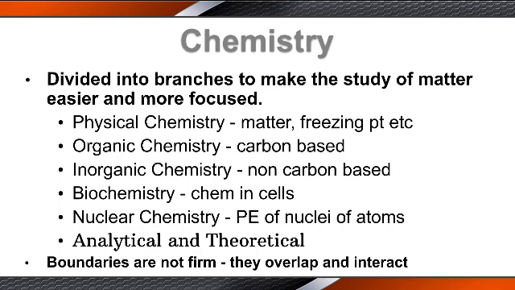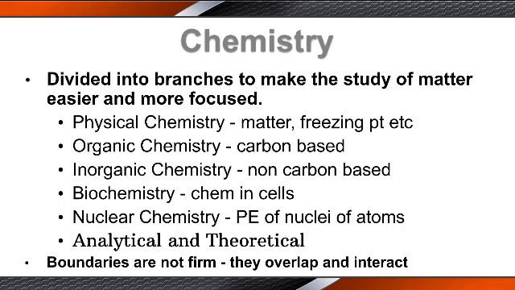If we're looking at biochemistry, you're looking at chemistry in living cells. Well, you and I are predominantly carbon-based creatures, so that could get into some organic chemistry. And if you're trying to describe the freezing and melting points of different compounds, that's a little bit of physical chemistry. So the branches do overlap.